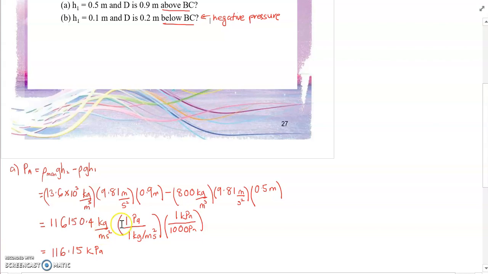So we want to convert this to kilopascal. 1 kg per meter second square is equal to 1 Pascal, and 1000 Pascal equal to 1 kilopascal. So you can cancel out this term, and now you're left with kilopascal. And you need to divide by 1000. So the answer for part A is 116.15 kilopascal.